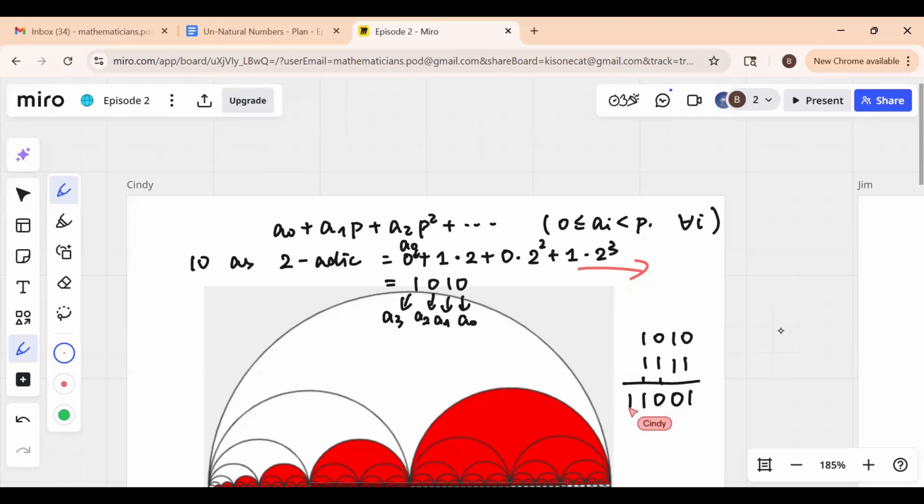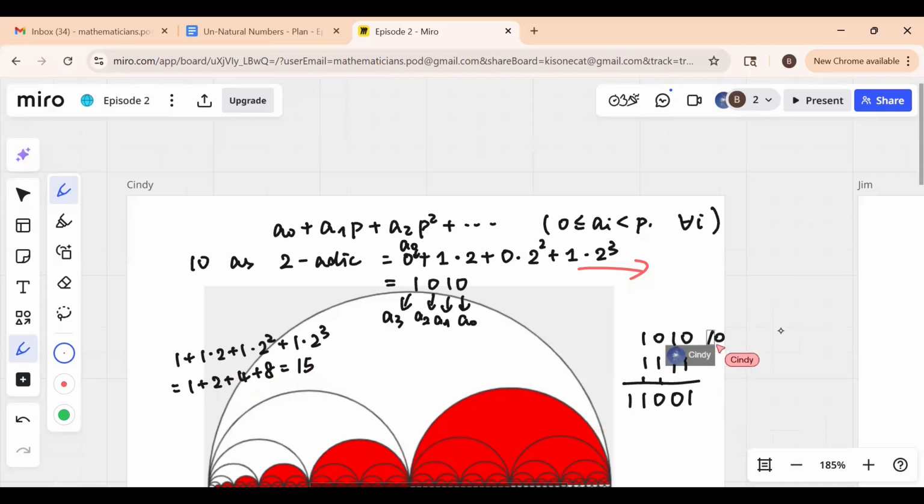Okay, so let's double check. Here 1, 1, 1, 1: we have 1 plus 1 times 2 plus 1 times 2 squared plus 1 times 2 cubed. So 1 plus 2 plus 4 plus 8 gives us 15. And then here we have 10.